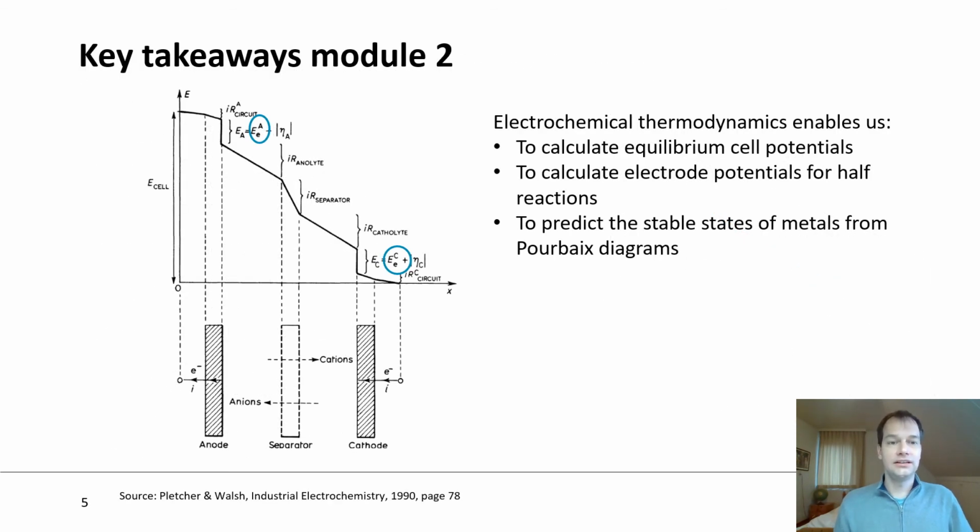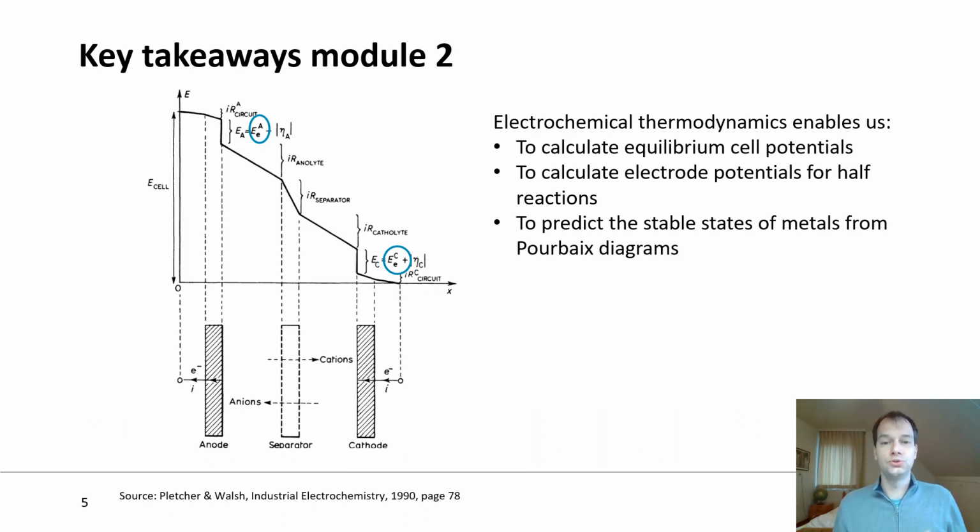Now, with this, we come to the end of the final screencast of Module 2, and that's also the moment to look back at the key learning lessons of this Module 2. So that's what I want to repeat here. With electrochemical thermodynamics, we can calculate equilibrium cell potentials, so both the anode and the cathode reaction together.